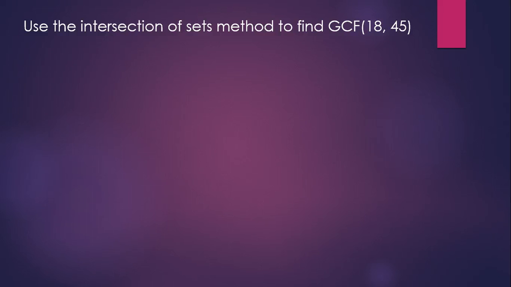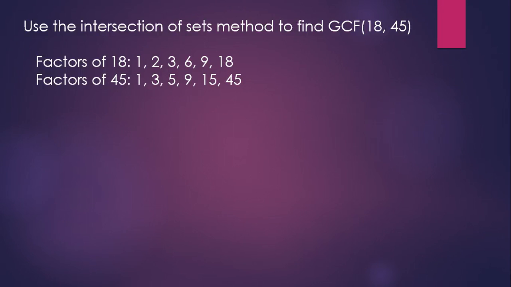Use the intersection of sets method to find the greatest common factor of 18 and 45. So we need to write down two sets of numbers, which are the factors of each of these numbers. So the factors of 18 are 1, 2, 3, 6, 9, and 18.